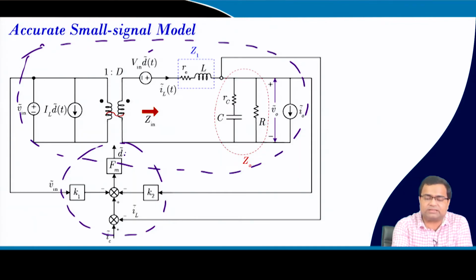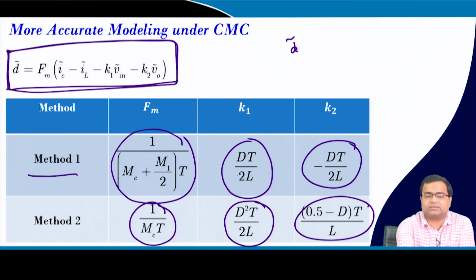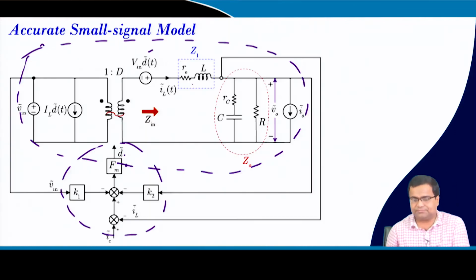Okay. So, this we have just plugged in. That means, D perturbation is Fm into K1 in bracket minus K1 into Vin perturbation minus K2 into V0 perturbation minus IL perturbation plus IC perturbation, and if you see, yes, only IC perturbation and all are minus.